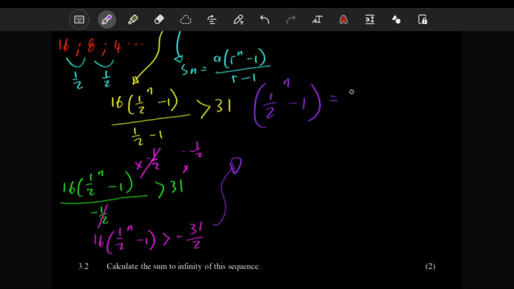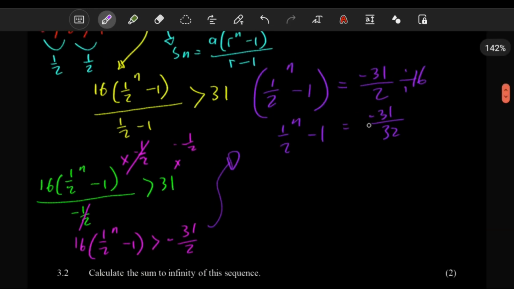This is going to be equal to negative 31 over 2 divided by 16, which we can just put into the calculator. I think it's going to give us negative 31 over 32. Then here you have this to the power of n minus 1. Obviously the 1 can go over to the other side. You're going to get 1 over 32 on that side.